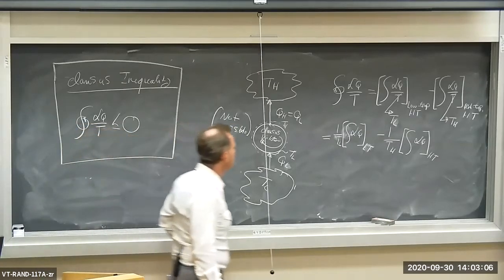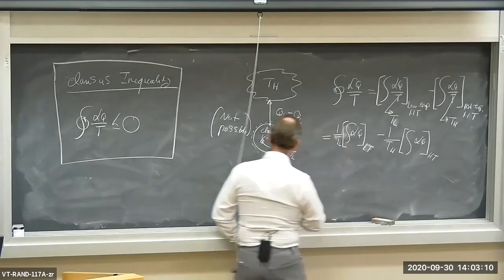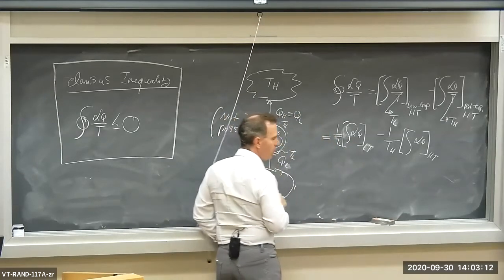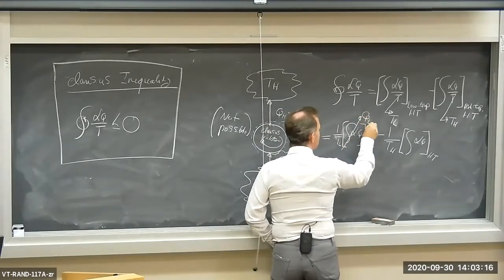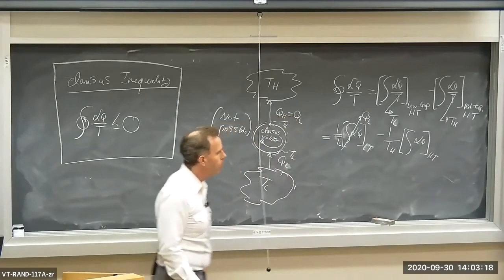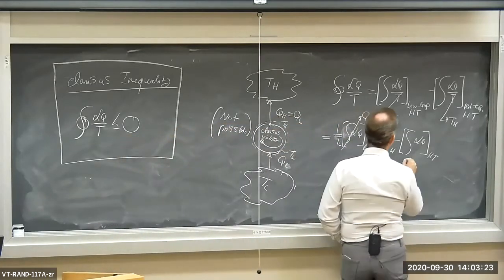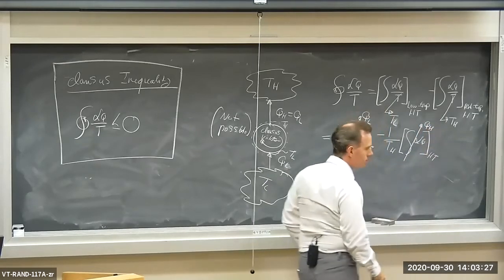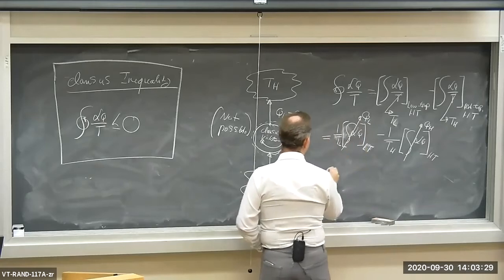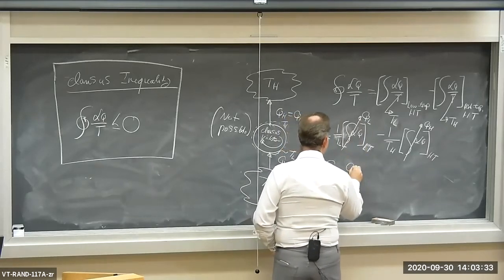The total heat transfer, the integral of the differential heat transfer into my system from the low temperature reservoir, is Q_L. That's the total heat transfer over the heat addition process. The total heat transfer over the heat rejection process is Q_H. So I have Q_L over T_L minus Q_H over T_H.